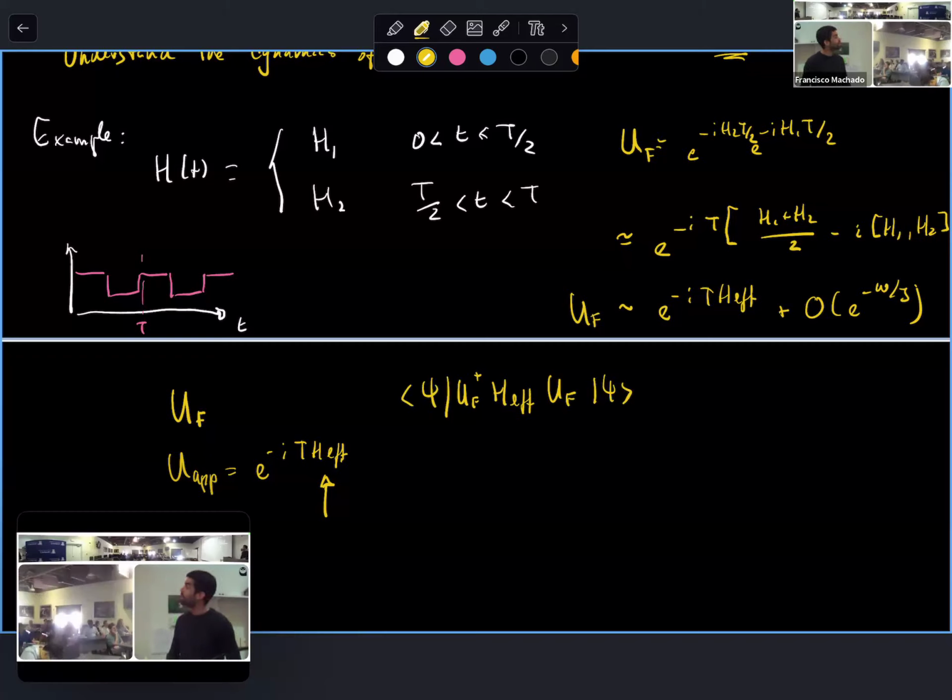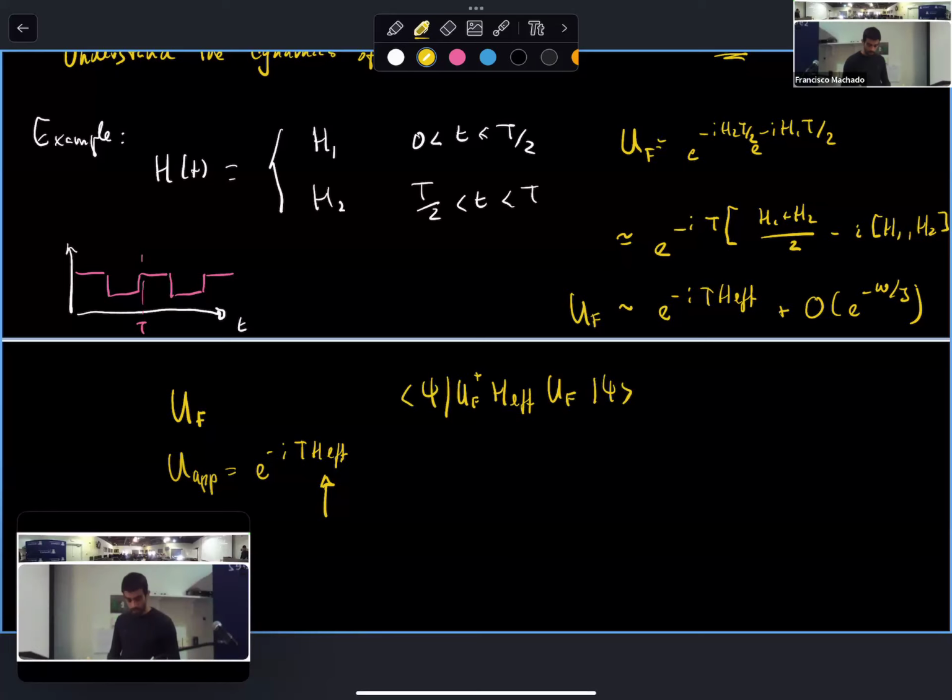So this is effectively my effective energy after a period T. I can compare that with my effective energy after evolving by this approximate Hamiltonian, which I'll call H effective tilde. Right?